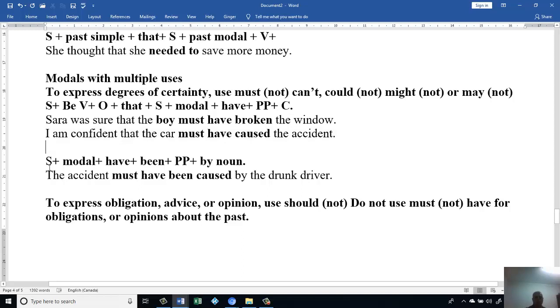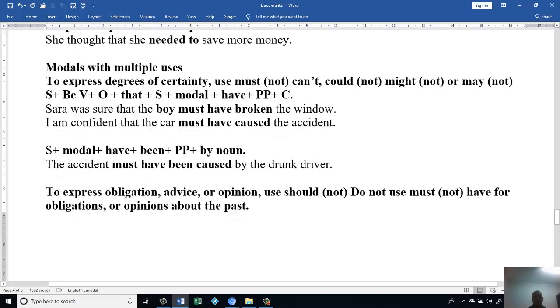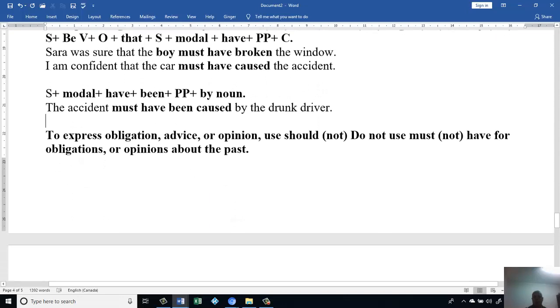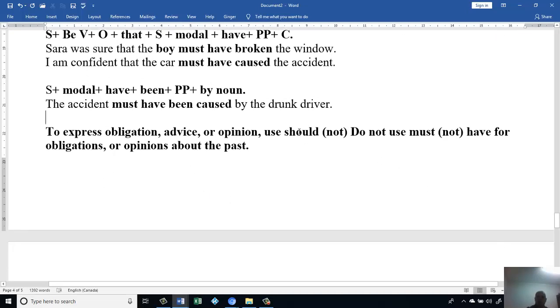Or you could have subject, modal, have, been, then past participle by noun. For example, the accident must have been caused by the drunk driver. Sometimes we use it to express obligation, advice, or opinion. We use should not or should.